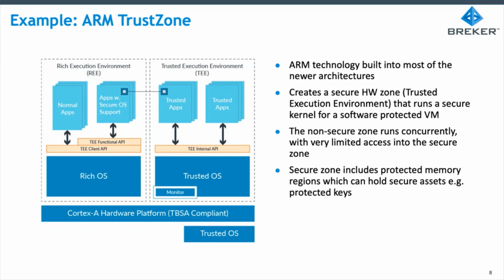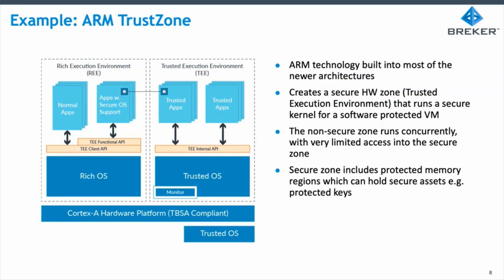ARM provides in most of its processors the mechanism that allows for a trusted execution environment, a secure zone to be set up in hardware with its own operating system and a virtual machine in software that is itself secure. Trusted apps that operate inside this virtual machine can be accessed through a special functional API that's security controlled.